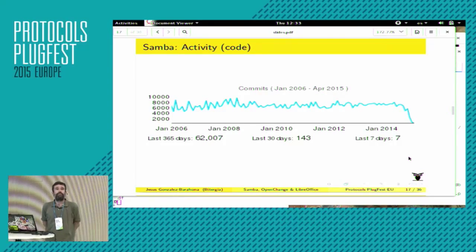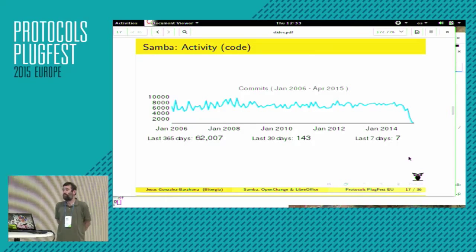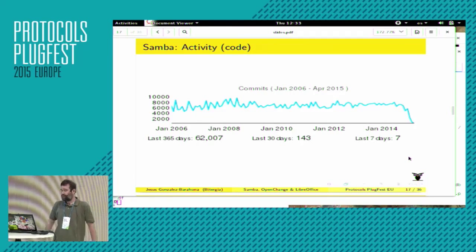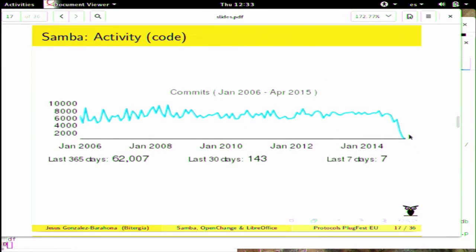This is Samba. For Samba, as I said, we don't have code review, but we have activity. Again, you can see a very interesting pattern of stability. Forget about the tail here, because, if you know how Git works, here we don't have the commits that are going to be committed in the next months, probably, but with an author date in the past, let's say, of these days.